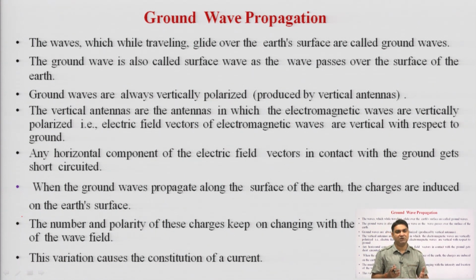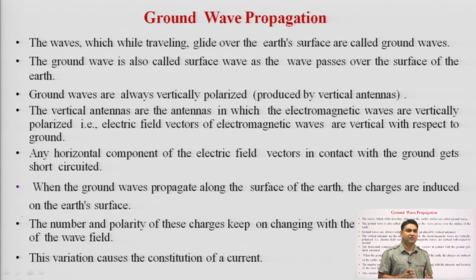The frequency of the signals applicable in the category of ground wave or surface wave propagation is maximum up to 2 megahertz only. This mode of propagation is restricted or limited by the signal frequency of 2 megahertz.